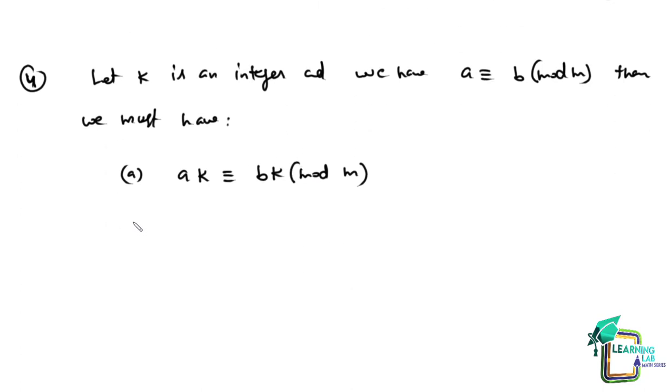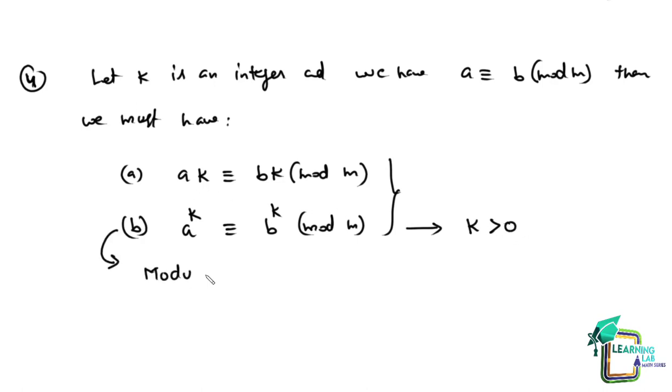And number 2, A raised to power K is congruent to B raised to power K mod M. Both results hold good. But in the second, K should be a positive integer, and this is called modular exponentiation.